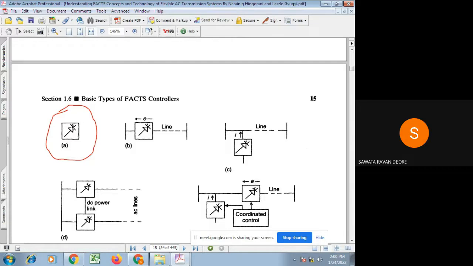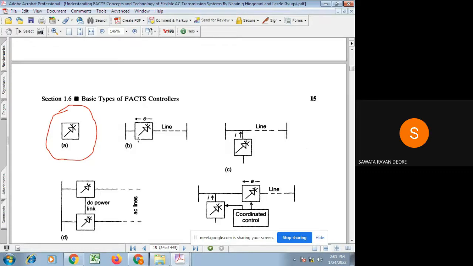And now when this FACTS controller is connected in series with the line, you can see this FACTS controller here is connected in series with the transmission line. Then it is called a series controller. Now, what is this series controller?